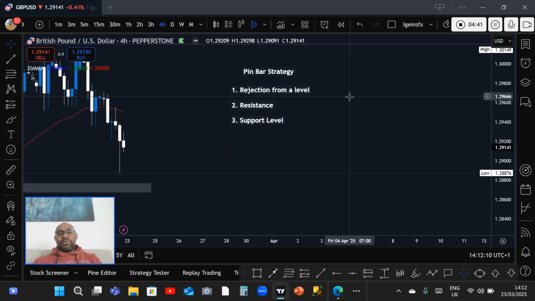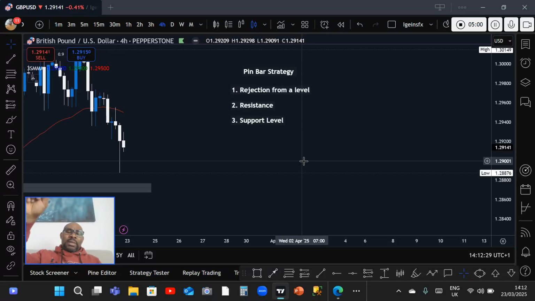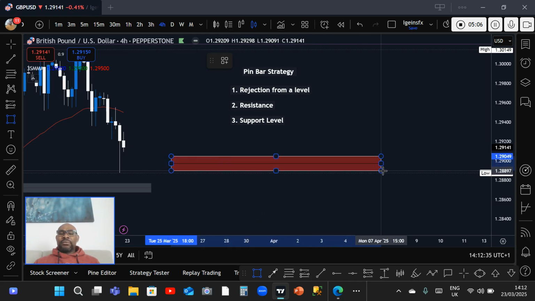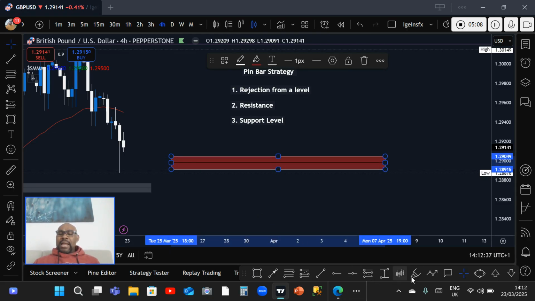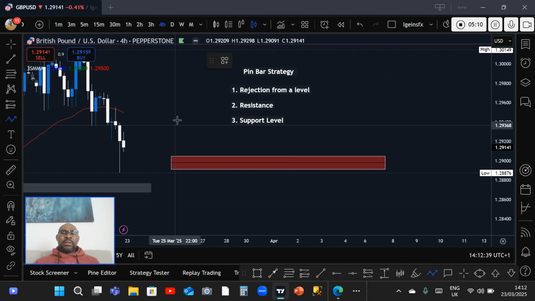Now, rejection from a level means that when you see a rejection at a particular level, a level that has been tested previously, like first touch, second touch, then you see price coming down. Let's say, for example, this is a level, and price comes to this level.